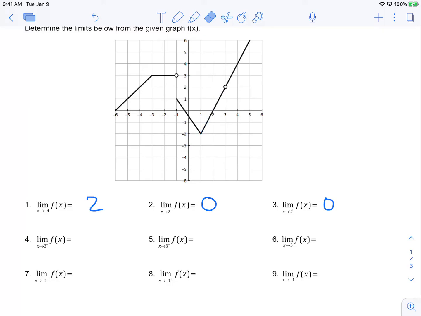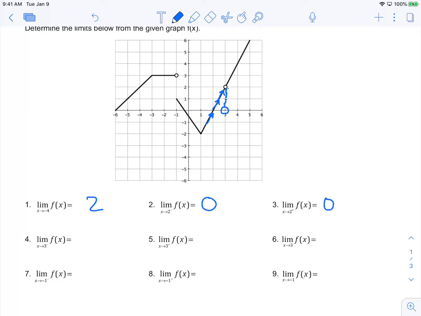Now, as x approaches 3 from the left, so if I go to 3 and I approach, so here's 3, and okay, so there's no value there, but that's okay. What we want to do is pay attention to just coming from the left-hand side. So if I'm coming along from the left here, traveling along, where am I headed? I'm heading towards this point.